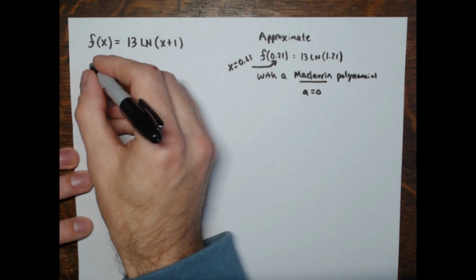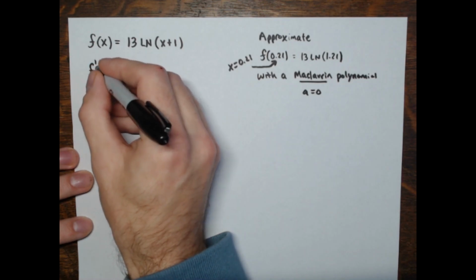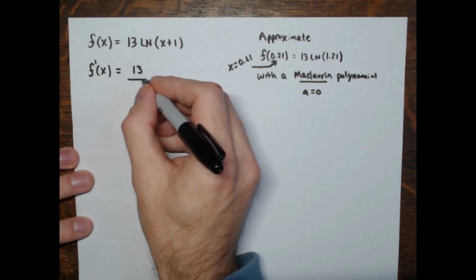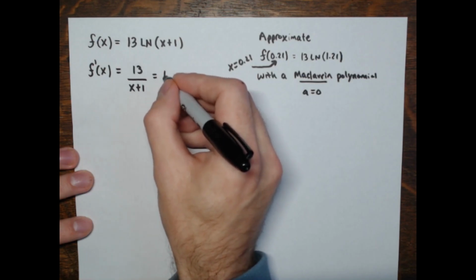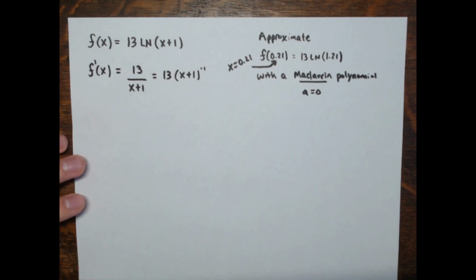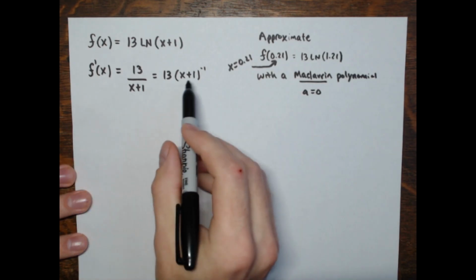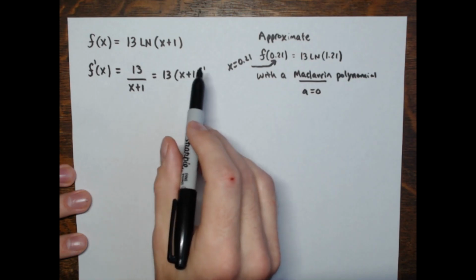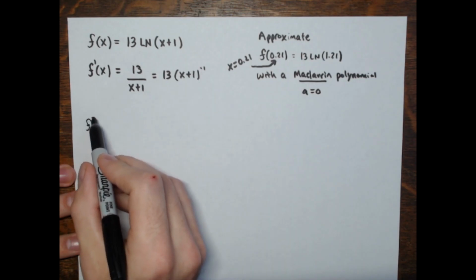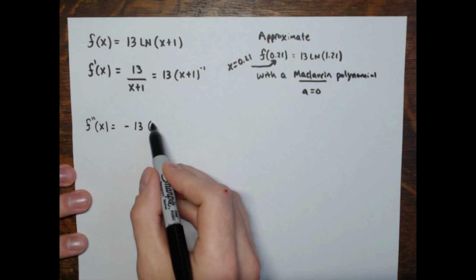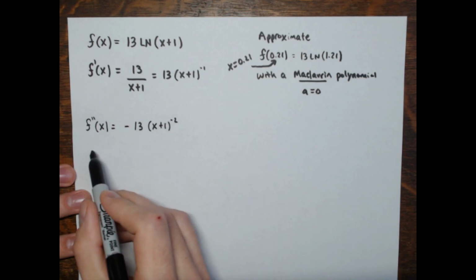Right. So what I want to do here is try to figure out a rule for the general derivative. So remember, the first derivative would be 13 over x plus 1, or 13 times x plus 1 to the negative 1. And then this is going to be pretty similar to the last problem, the 14 over x, right? Because you have powers of x to the negative 1 here. So the second derivative would be negative 13 times x plus 1 to the negative 2.